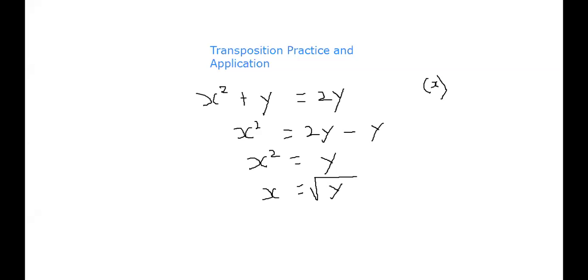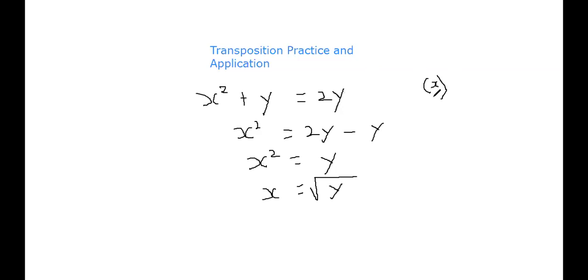Good. So here, this is our equation, right? We have x squared plus y equaling 2y, and we're trying to make x the subject.